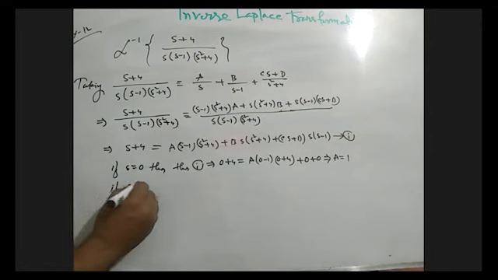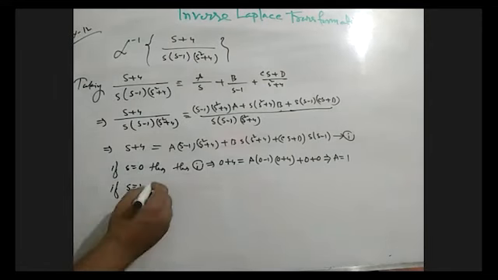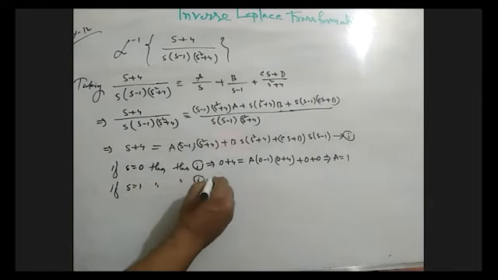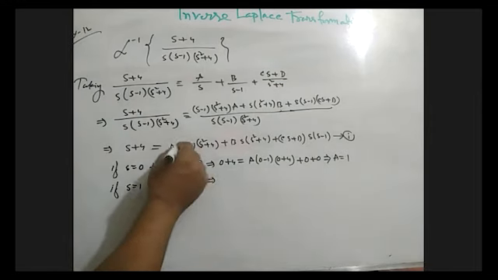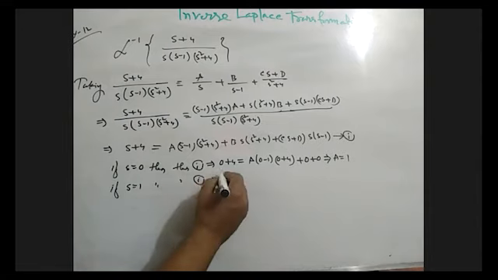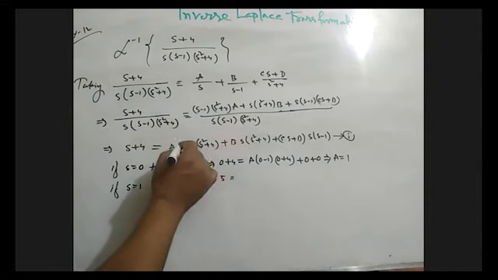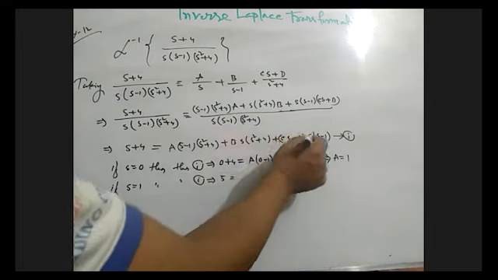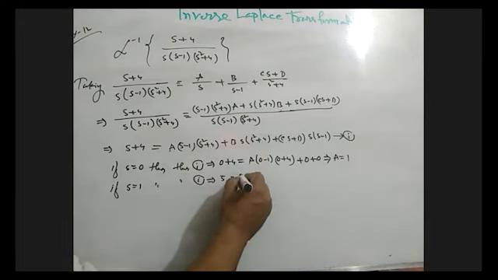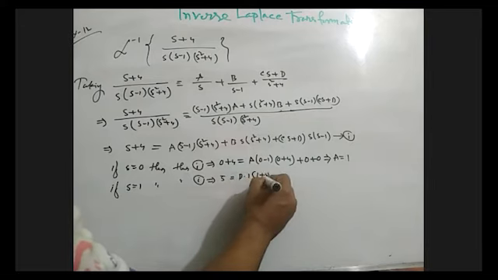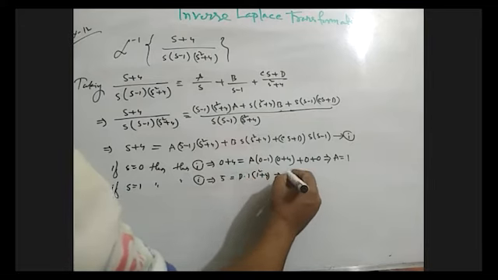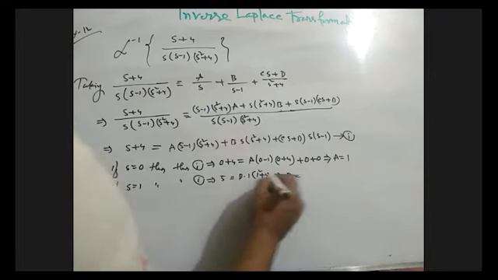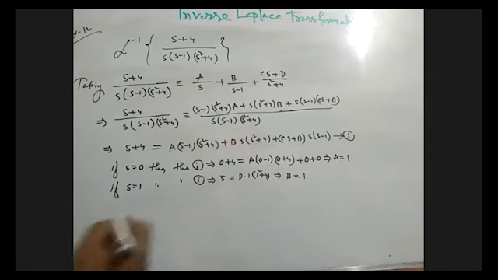Now if s equals 1, then from equation 1, 1 plus 4 equals 5, this becomes 0 and this becomes 0. So b into 1 into 1 square plus 4. So b equals 5 divided by 5, also 1.